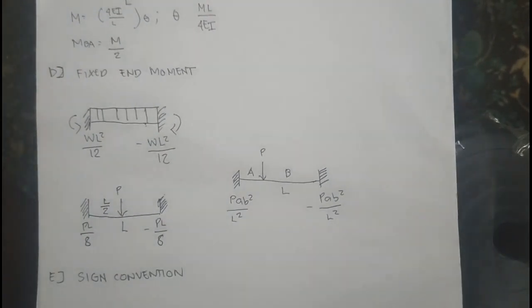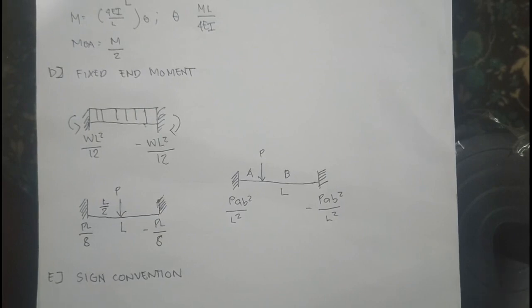Next, the fixed end moment. If it is a uniform load, you can use this formula: WL squared over 12. They are both equal at their ends, but the left one is negative, negative WL squared over 12.